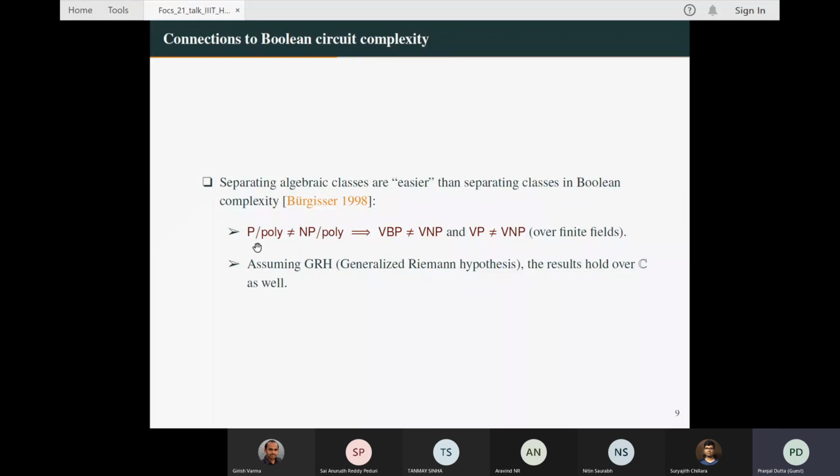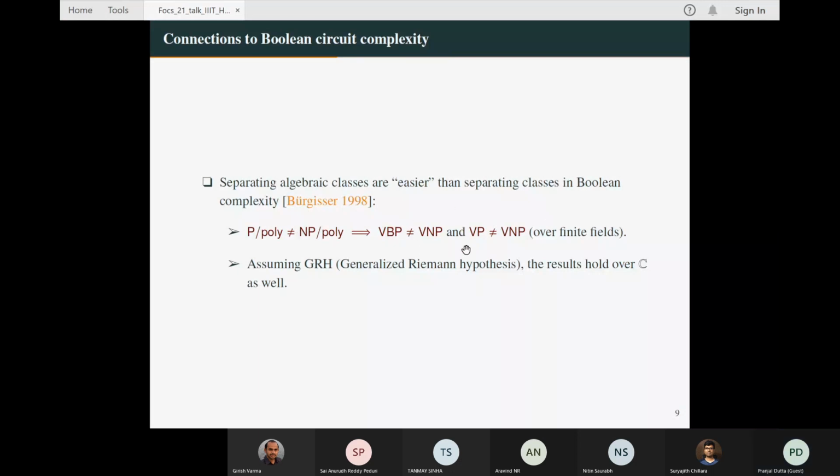So essentially, this is saying that if we really believe P/poly not equal to NP/poly, or non-uniform P not equal to NP, then the algebraic P not equal to NP, that is VP not equal to VNP, must be true. So in some sense, this may be easier to prove than that. I mean, of course, this is the correct direct implication.